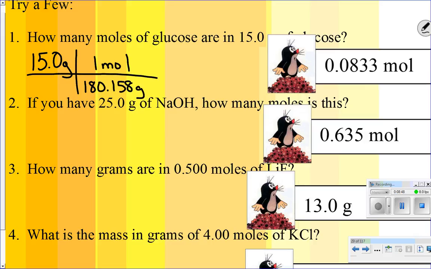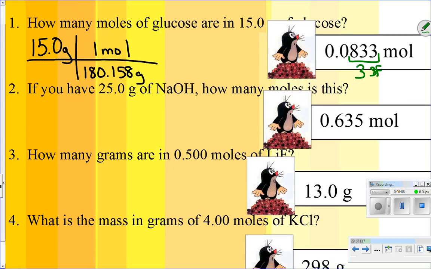So what I'm actually doing in my calculator is 15 times 1 divided by 180.158. And then I'm going to round that so that I have my proper number of significant figures, which is 3. Keep in mind that first 0 doesn't count, so those are my 3 sig figs. Sig figs are not going to be important on the Regents, but they are going to be important on my test, so you do need to have your proper number of sig figs.